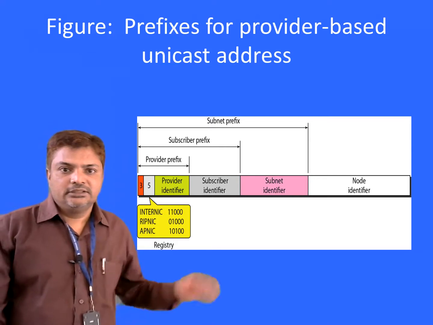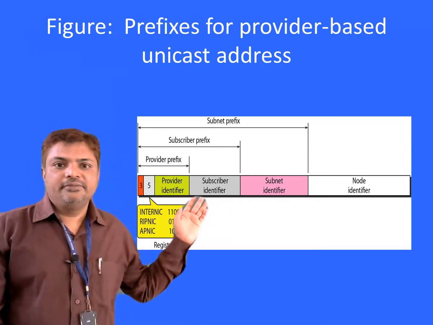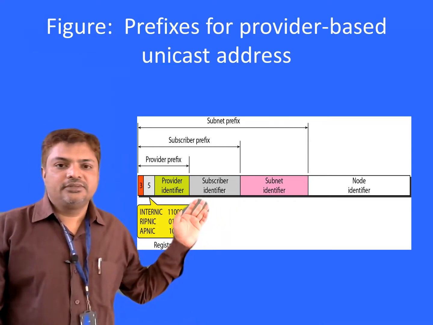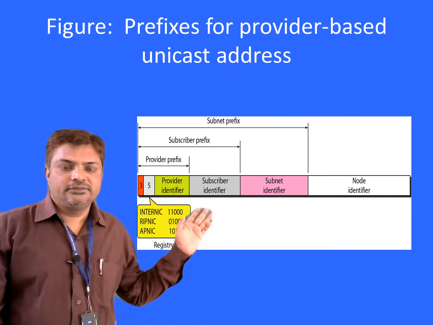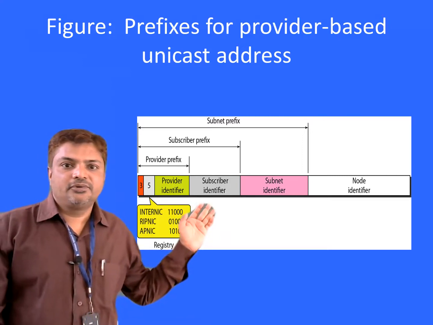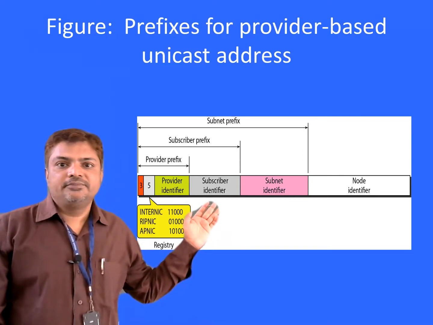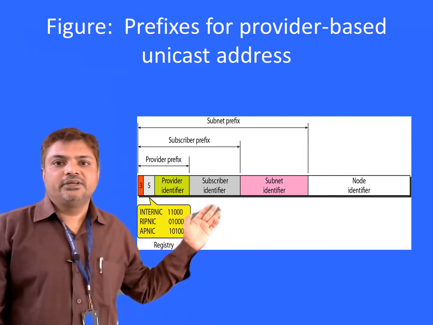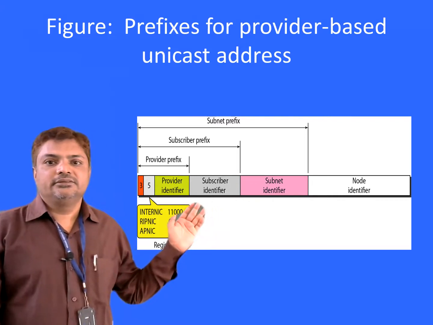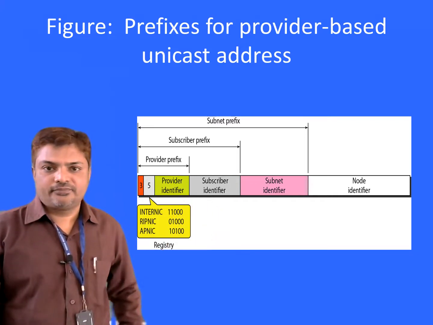It has a 3-bit type identifier, then a 5-bit registry identifier, then the provider identifier, subscriber identifier, subnet identifier, and node identifier. These are the different subsections of the format.